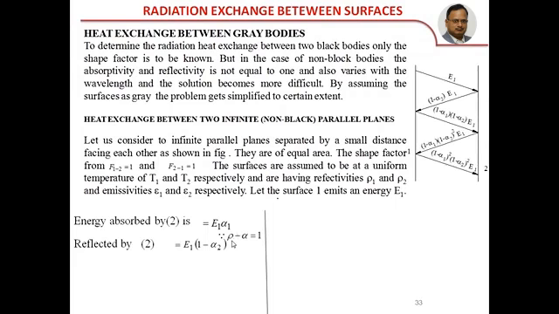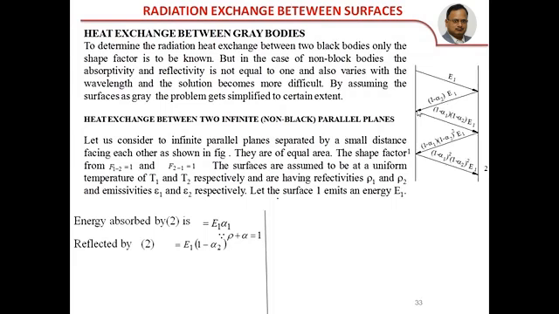But we know for a solid body, reflectivity plus absorptivity equal to 1, since transmittivity is 0. Therefore, the rho can be replaced with 1 minus alpha. So the amount of energy reflected from this plate 2 is E1 into 1 minus alpha 2.